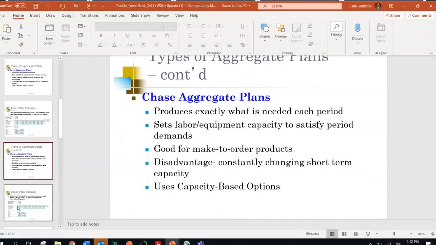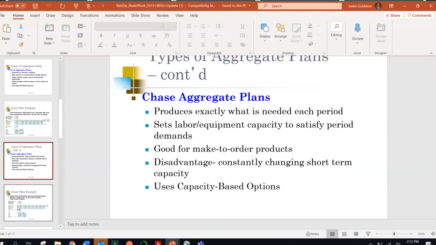So with a chase strategy, the easiest way that I have people understand the chase strategy is that I always say that I'm chasing my demand. So I'm chasing my demand in that in a hospital environment, I have my number of occupied beds. I have nurses on call. So instead of always having 15 nurses for each shift, I may adjust.